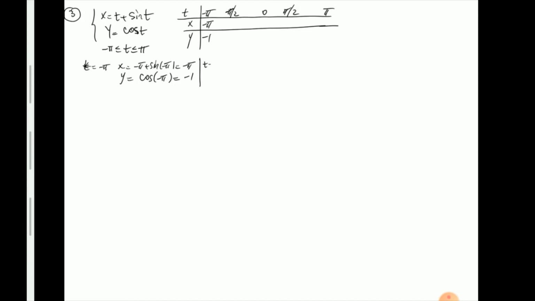When t equals minus pi over 2, we have x equals minus pi over 2 plus sine of minus pi over 2. Feel free to use the calculator for some of these if you find it more comfortable. Sine of minus pi over 2 is just minus 1. So minus pi over 2 minus 1.